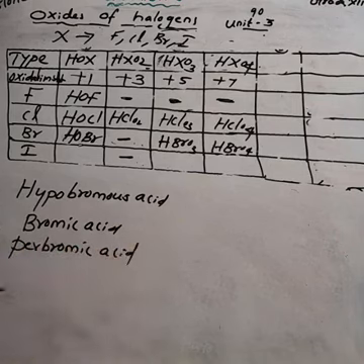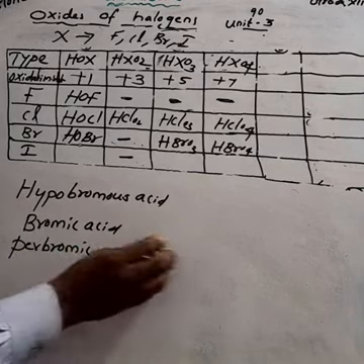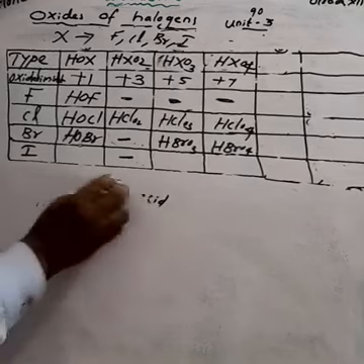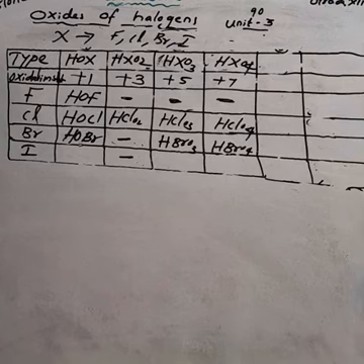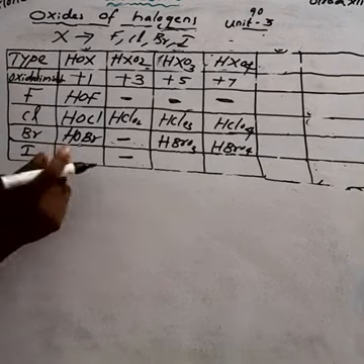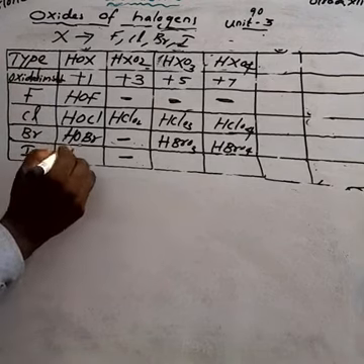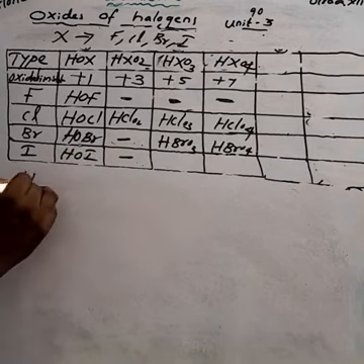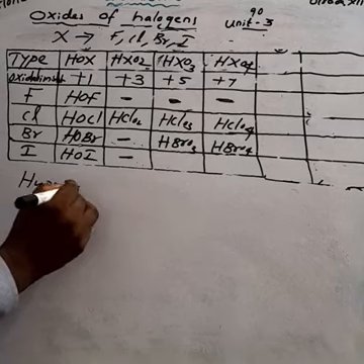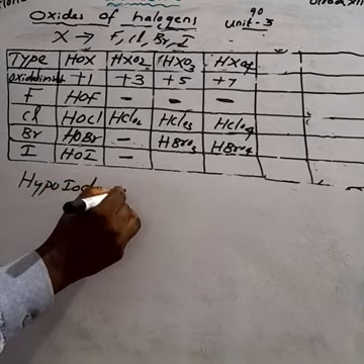Next, we discuss iodine. Iodine also does not form HXO2. It can form the remaining 3 types. The first one, HOX: iodine can form HOI. What's the name? Hypoiodous acid.